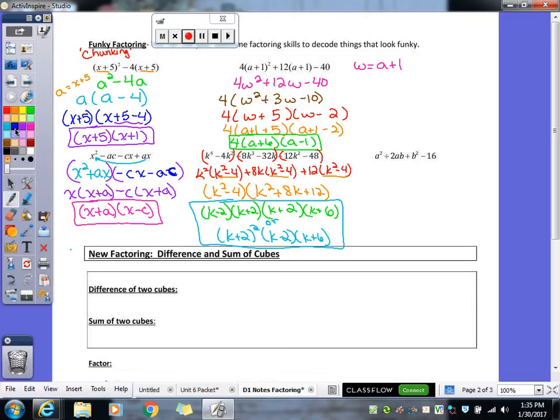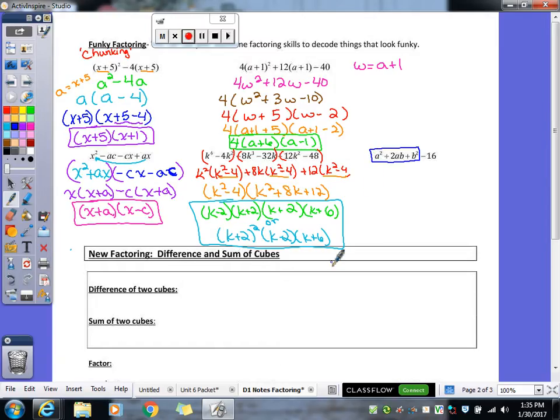All right, and then our last one in our funky factoring. Does anybody see anything in common there? We got an A here, but there's nothing really for that one, so we don't want to do grouping. This one's a little different. If I look at these first 3 terms, is that a trinomial that I can factor?